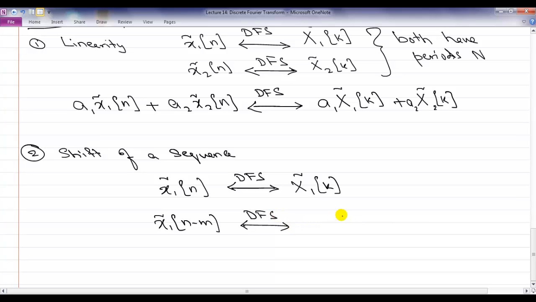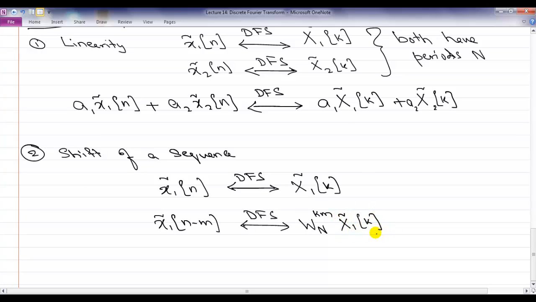So you can talk about the Fourier series of that periodic sequence, and that is related to the Fourier series of the original sequence through a phase shift. The phase shift is given by W_N^{km} times x1 tilde k.